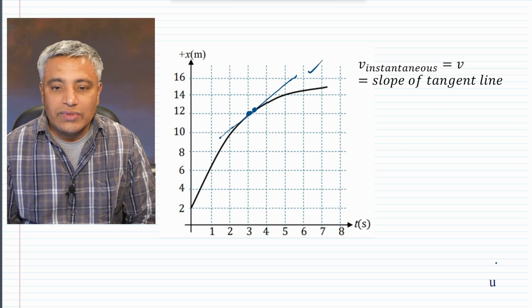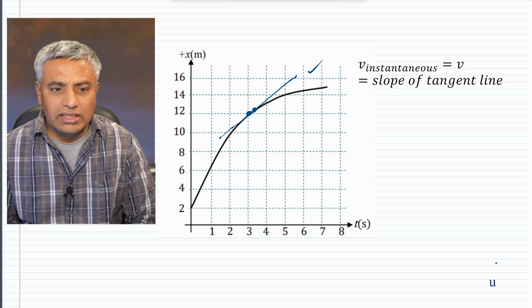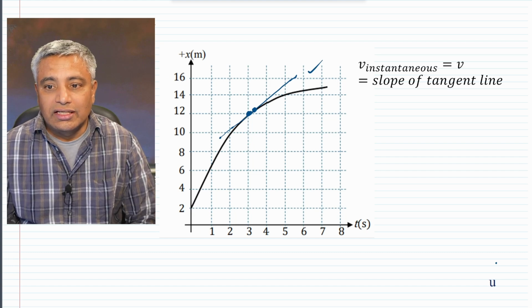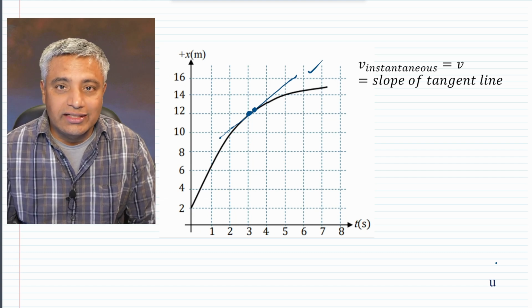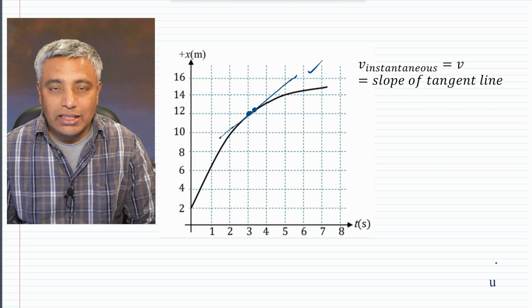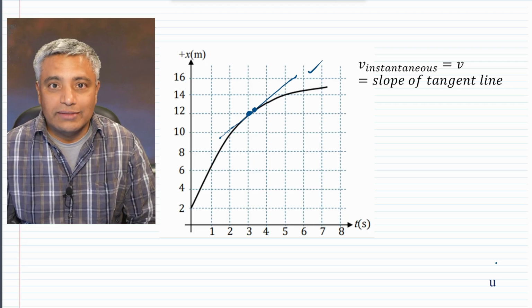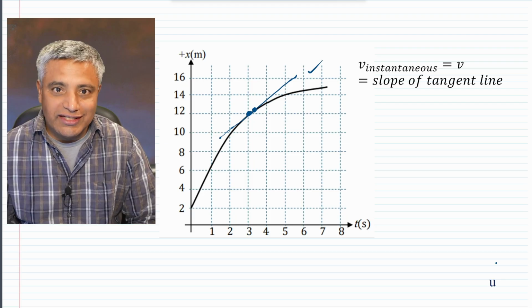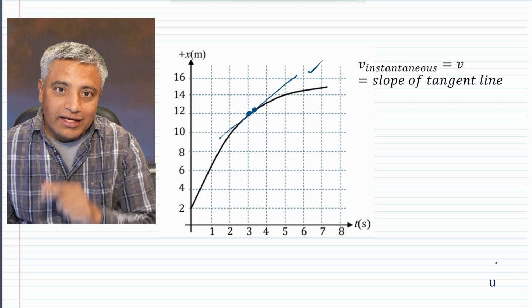So now once we have drawn the tangent line, we can treat this as any straight line and find its slope. And the slope of that tangent line at that point is the instantaneous velocity at that time.